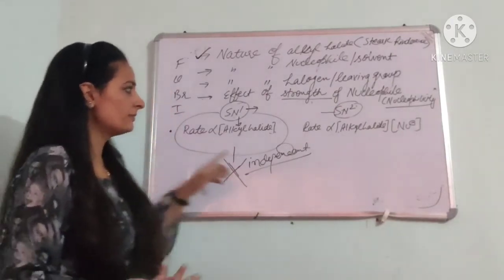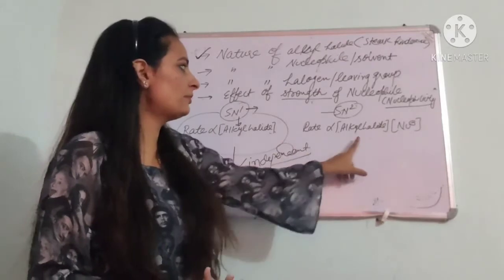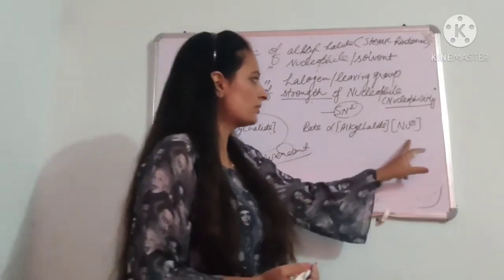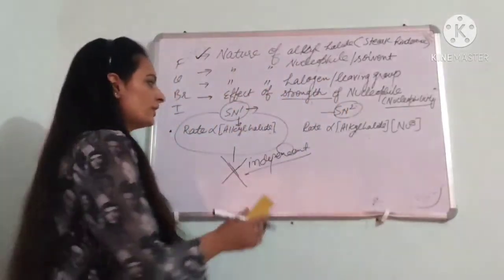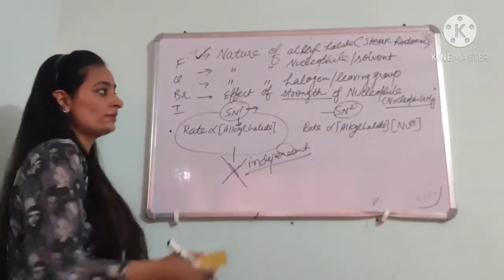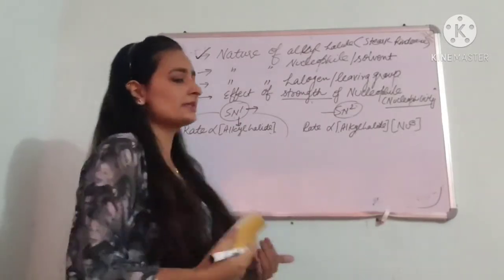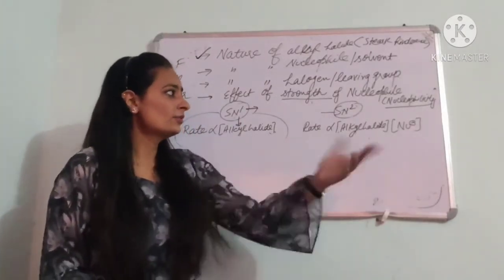Coming to SN2, the rate is directly proportional to the alkyl halide, and the rate of reaction also depends upon the concentration of the nucleophile. So it depends upon the strength of the nucleophile. The more readily the nucleophile gives the electron pair to your alkyl halide, the more readily the product forms.